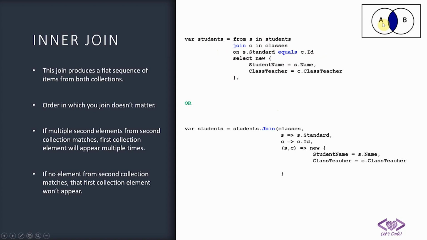That means if in collection A you have standard 1 2 3 4, and in this you have 1 2 3 4 5, then the common intersection will be only 1 2 3 4. So you will not get the fifth element out. Again, the order in which you use them doesn't matter, because the common intersection will always be the same. So let's see this and understand using the code.